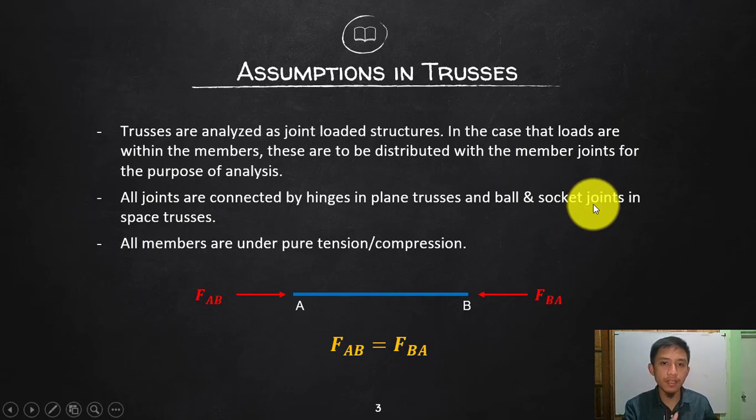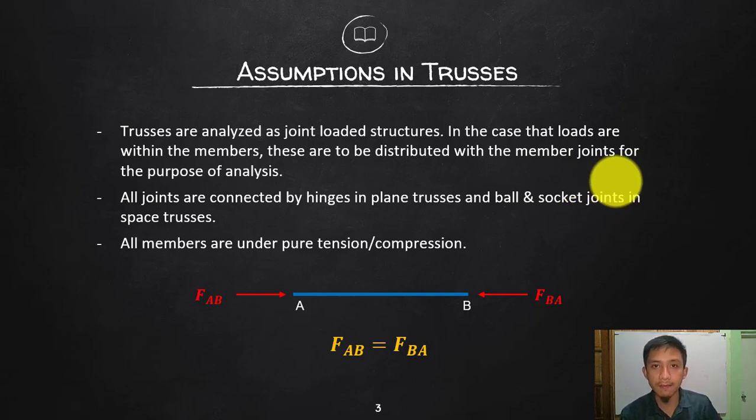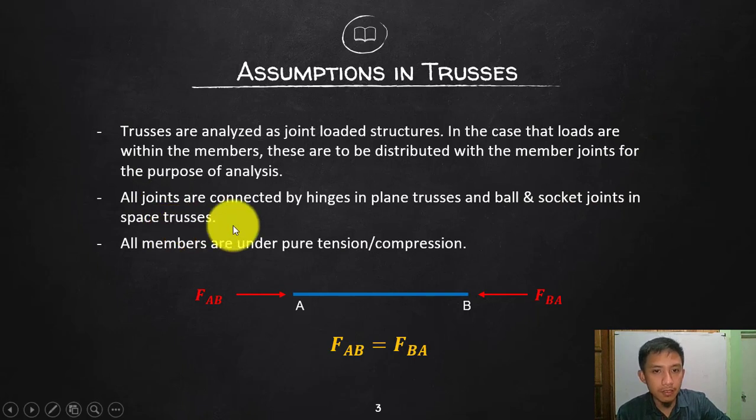What is the difference from hinges? A hinge refers to free rotation within the plane. But if it is free rotation in 360 degrees, or free within 3D rotation, then that is what we call a ball and socket. So a hinge is just a simplification of a ball and socket from 3D to 2D planes or 2D trusses.